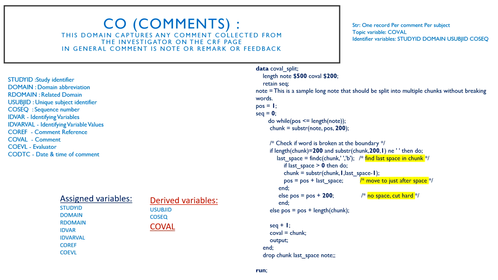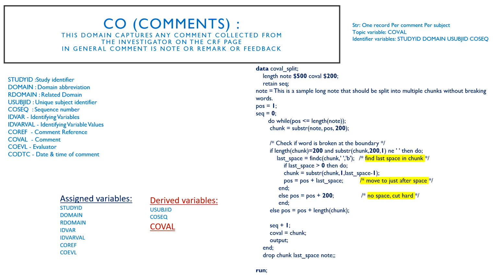Here I mentioned C. First we have to take the note. What is the length of the note? In case it is 500, how do we derive? First we set position equal to 1, sequence equal to 0.